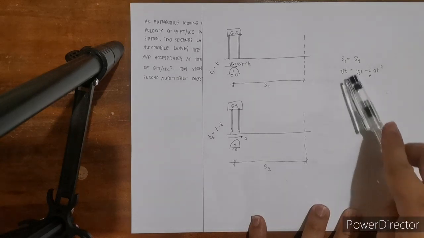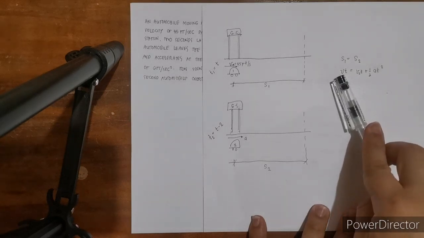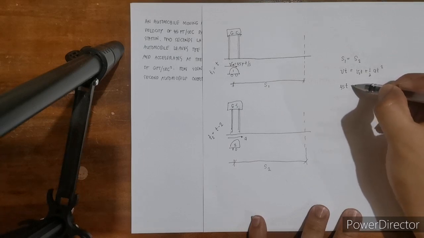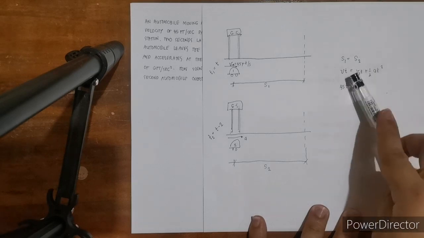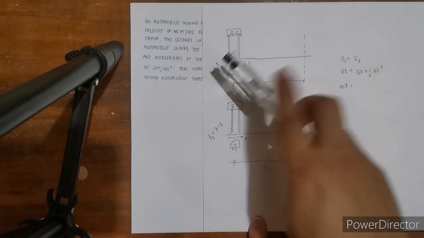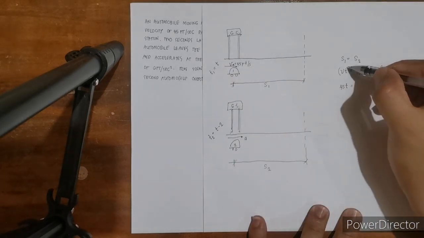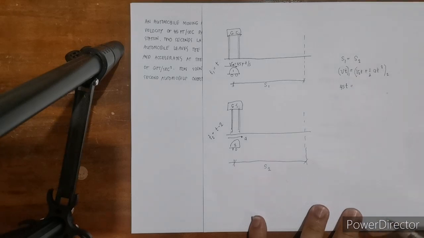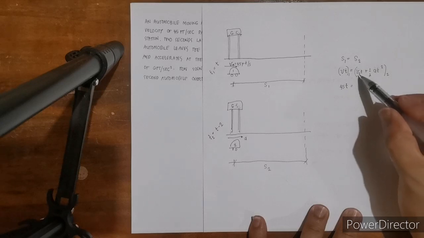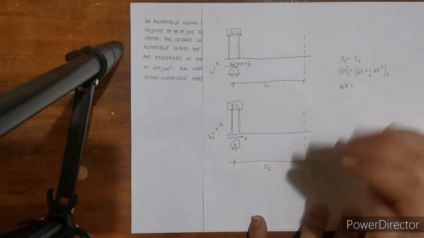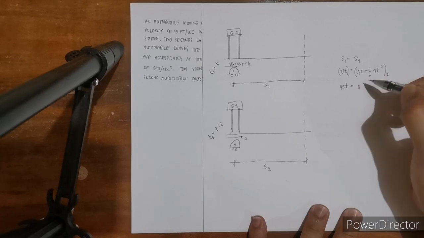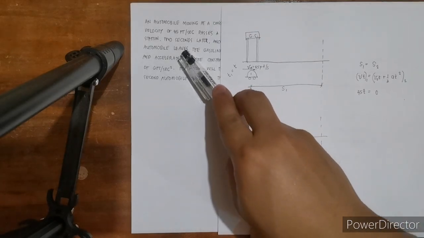So, substituting velocity of first automobile, that is 45 times t. The time of first automobile is t. So, let's say this is parameter of first automobile, parameter of second automobile. Okay, initial velocity of second automobile, the initial velocity is 0, since sabi na sa problem, leaves.